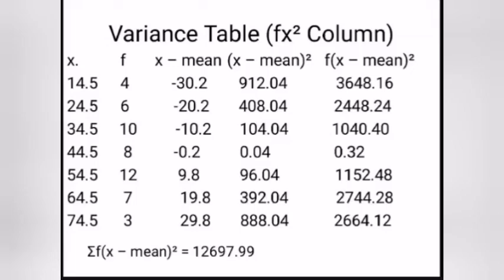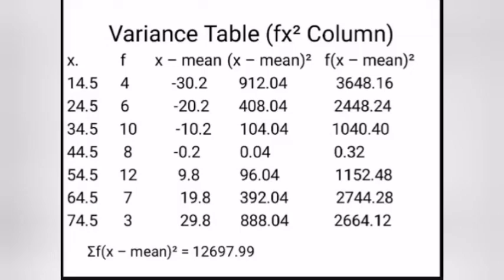The next thing we'll find is the deviation from the mean, which is x minus the mean. We have x as the midpoint minus the mean we've gotten before, and our mean was 44.7.